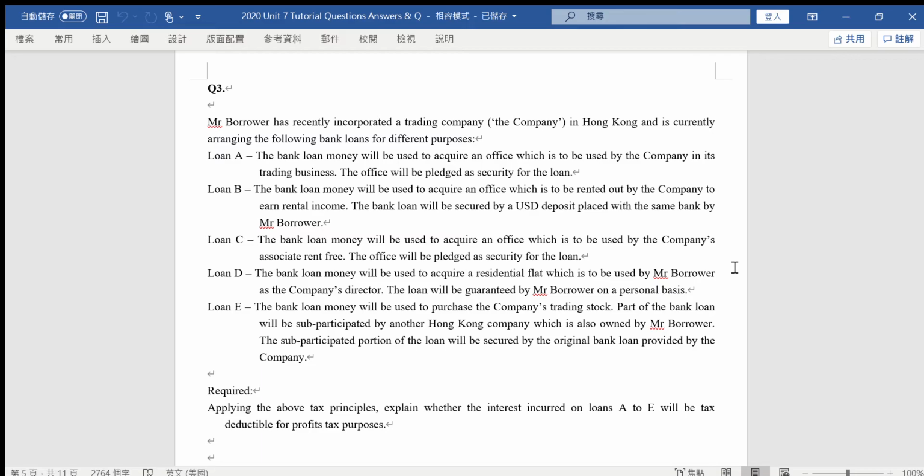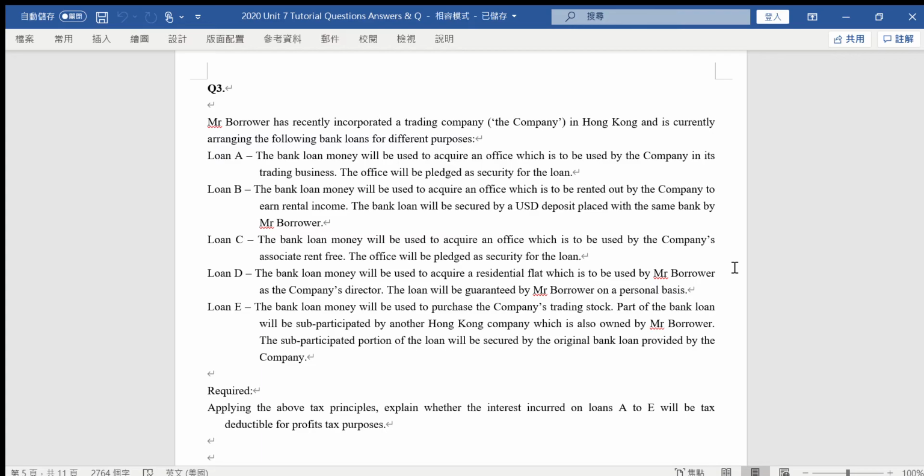Because of that, this portion of the interest received by Mr. Borrower, that will be similar to the company. The company will not be allowed to deduct this portion. Okay, and that's why the concerning amount will be reduced in proportion to the amount that is being received by the connected person that is tax-free. Okay, that will be the discussion you should provide.